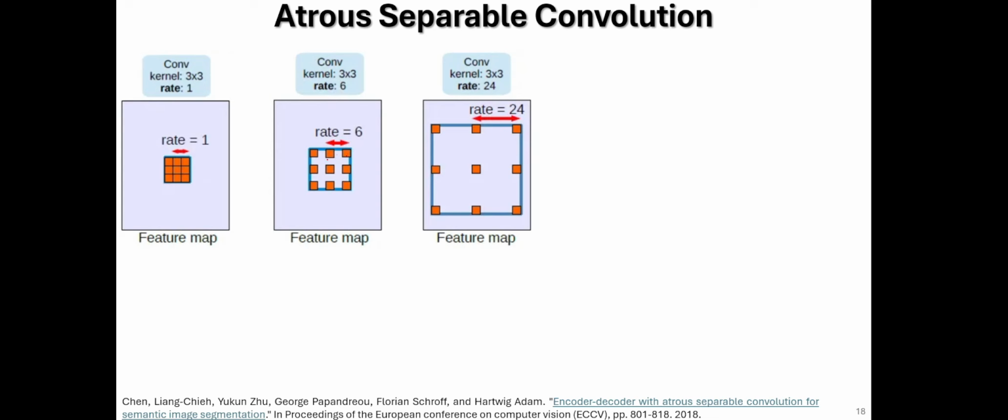So basically you've almost expanded the kernel size to 5 cross 5 by filling in zeros. That is the idea. And if you have a rate of 24, it's going to have a very high receptive field, right? So this is the generic idea of dilation.